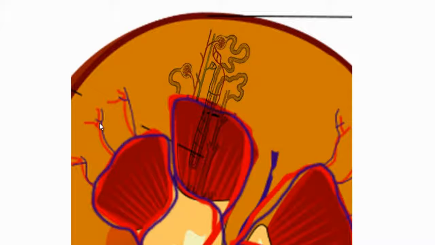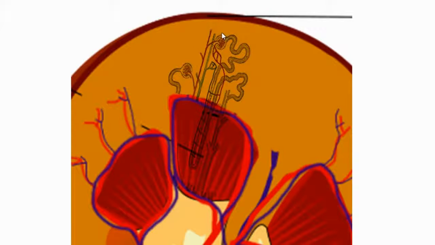So these vessels are called interlobular vessels. So you've got an interlobular artery and an interlobular vein, and you've got an arcuate artery and an arcuate vein. So in the renal cortex you've got the arcuate vessels and the interlobular vessels.